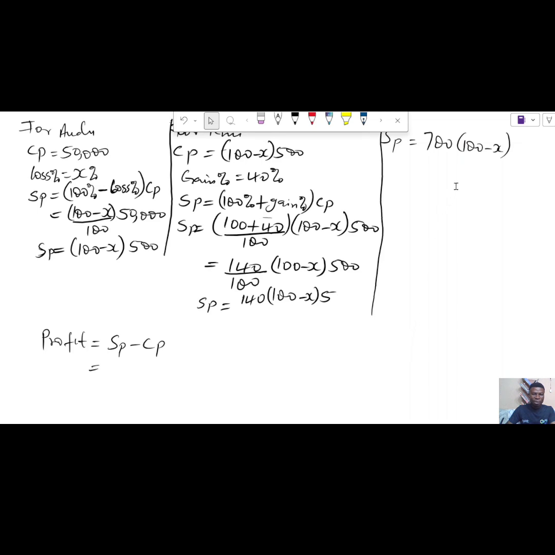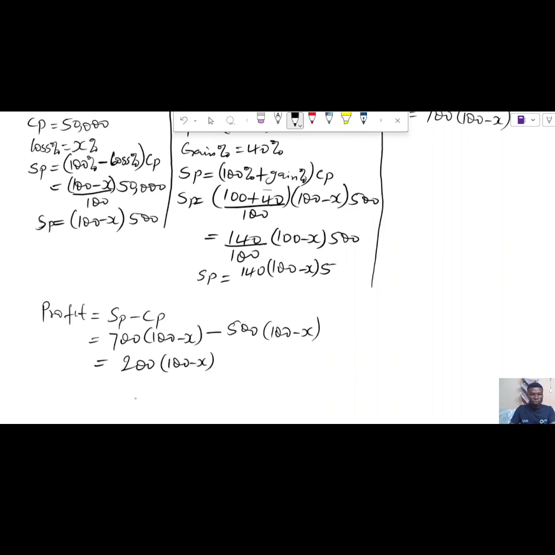But then the selling price for Femi is this, which is 700 into 100 minus x, while the cost price is the amount at which Audu sold it to Femi, which is this, minus 500 into 100 minus x. When we go further to simplify, 700 of this minus 500 of that same thing will give us 200 of it. 200 of 100 minus x, right?